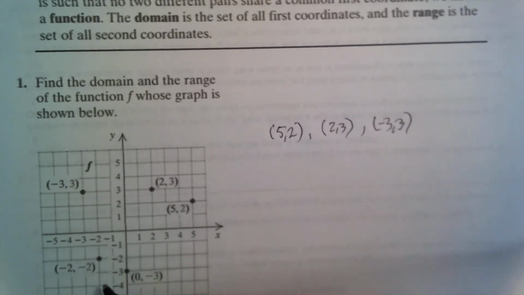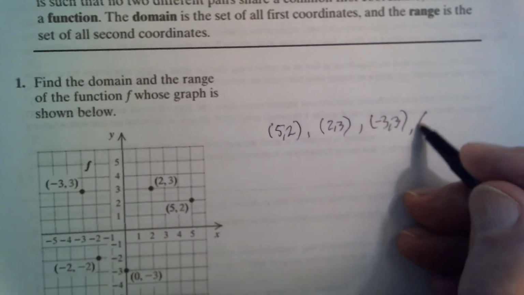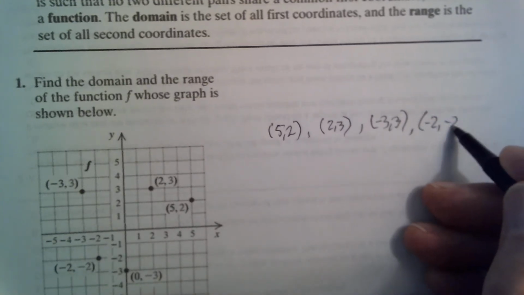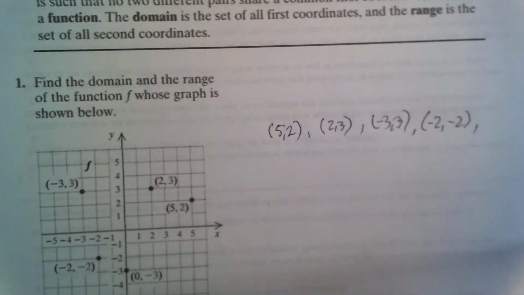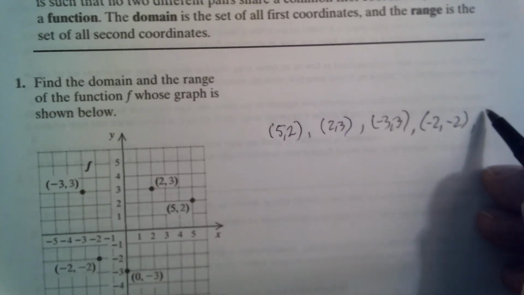In the third quadrant, we have (-2, -2). And then we have one point on the y-axis, and that's (0, -3).